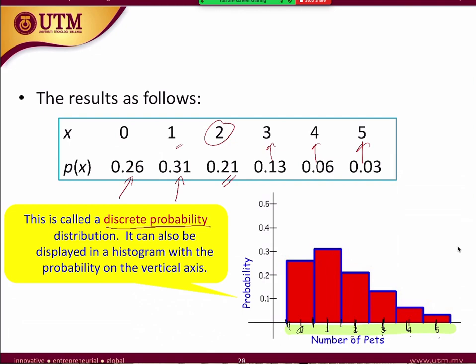Usually when you do your Excel graph, one bar, one interval, or one column in your histogram represents 1. So everything here is 1, and you just need to take note of that.